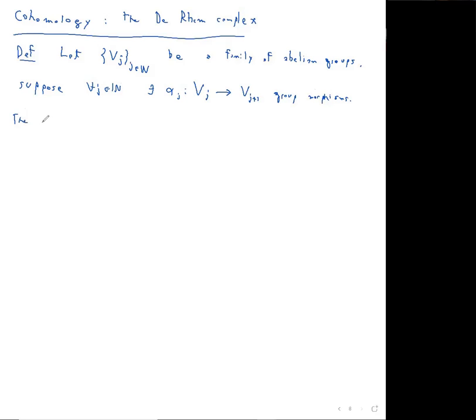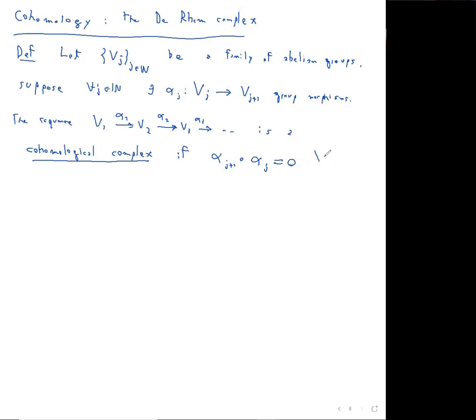And we say that the sequence V1 goes into V2, goes into V3, etc., and here the maps, of course, are alpha 1, alpha 2, alpha 3, etc., is a cohomological complex if you apply two of them successively, you get 0 for every j.